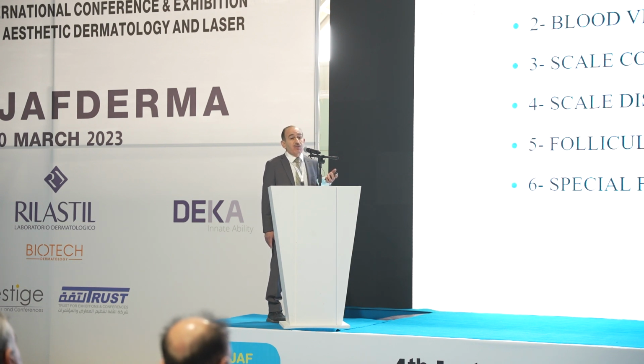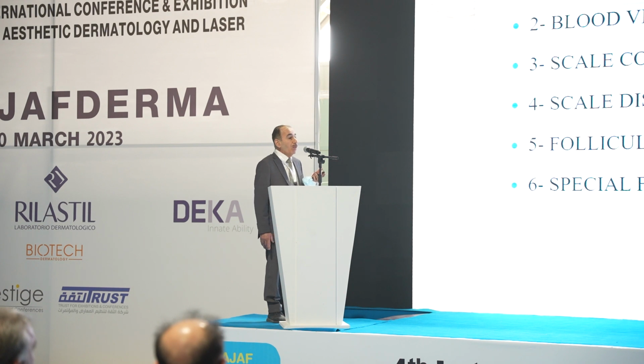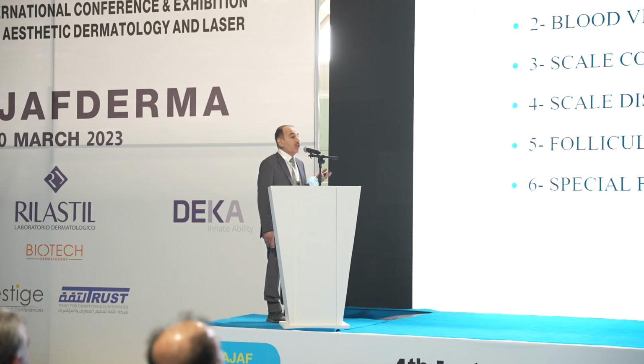The blood vessels, of course. So we look at the blood vessels, we see the shape of the blood vessels, we see the distribution of the blood vessels. Also, we can appreciate the scales. Regarding the scales, we have two important things that we can appreciate: the color of the scale and also the distribution of the scale.